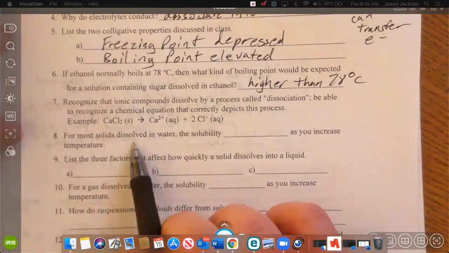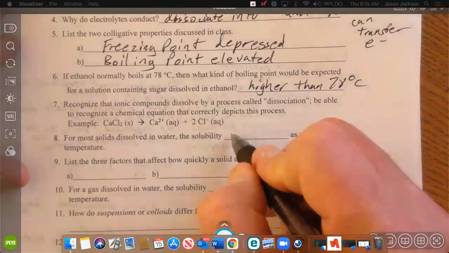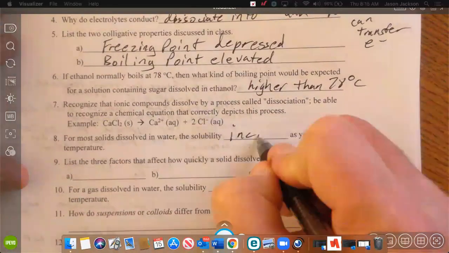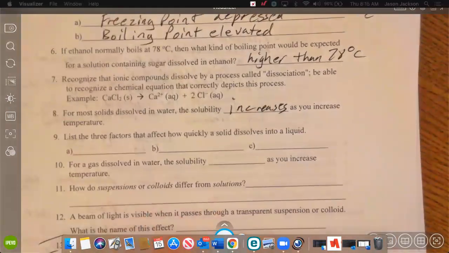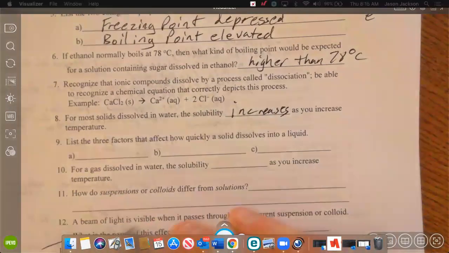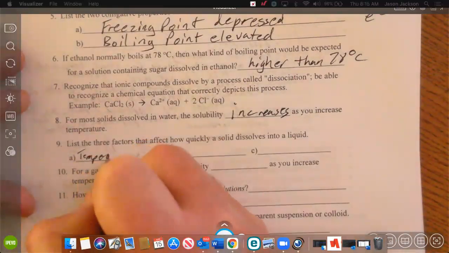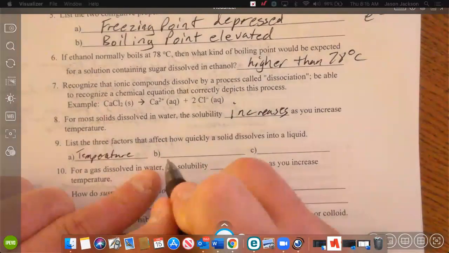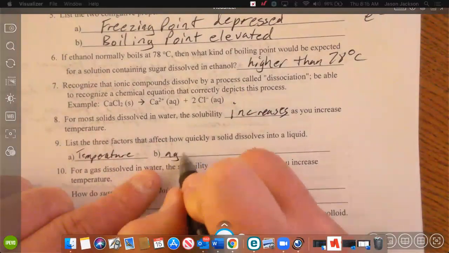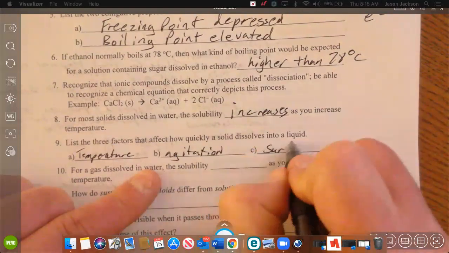For most solids dissolved in water, the solubility increases as you increase temperature. Three factors that affect how quickly a solid dissolves into a liquid: temperature, agitation, and surface area.